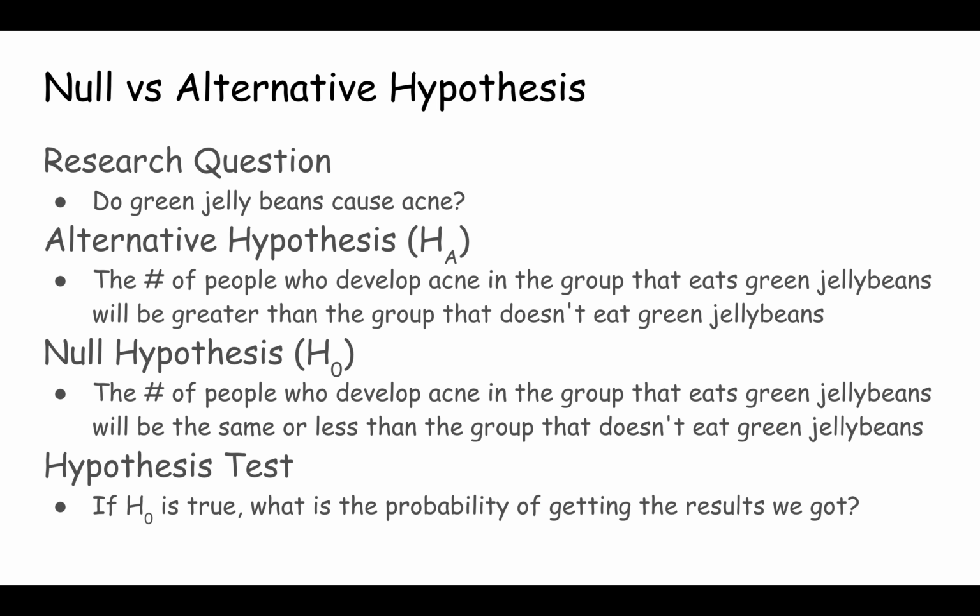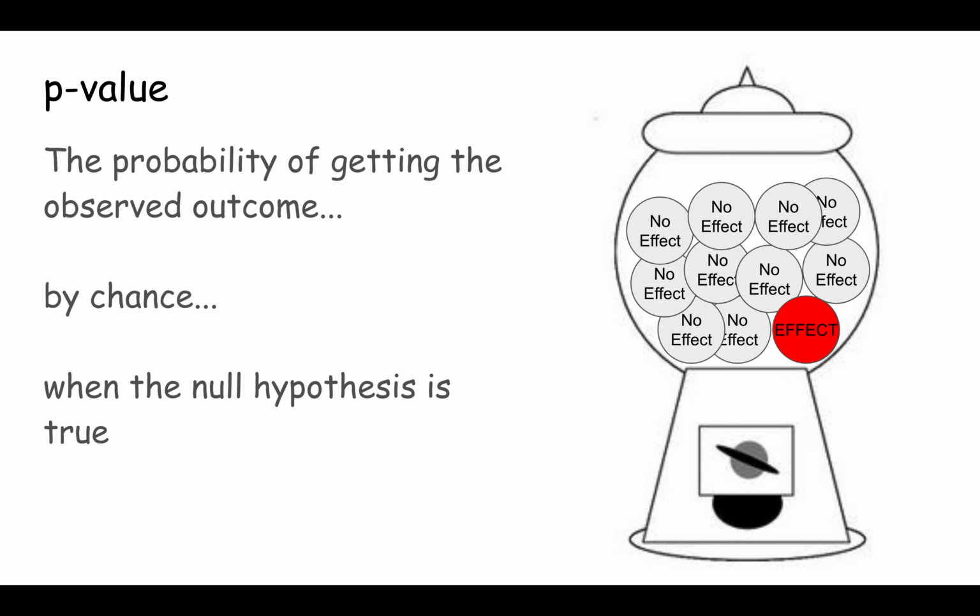What the hypothesis test measures is, if our null hypothesis is true, what's the probability of getting the results we got? And the way we measure that is with a p-value. So the p-value is the probability of getting the observed outcome we got purely by chance when the null hypothesis is true.